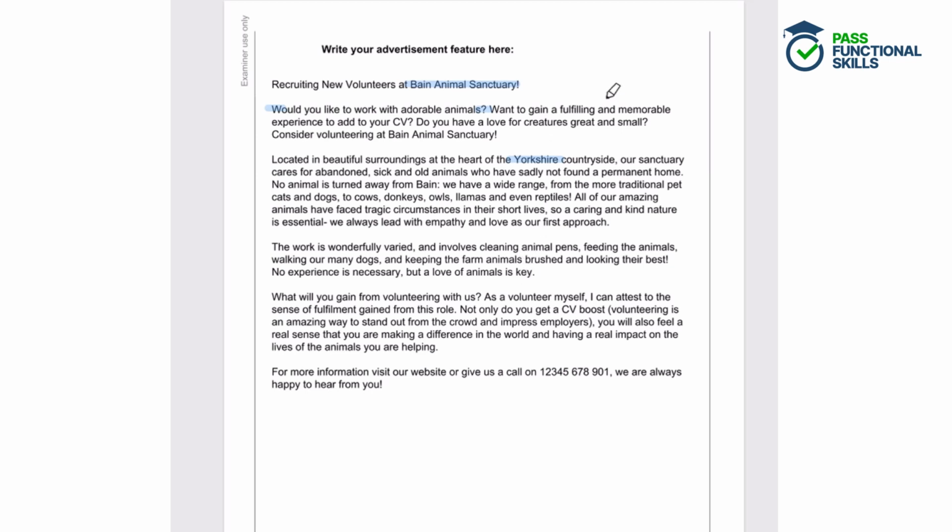We've also got commas that have been used in the answer, and these add some further details to sentences, separating out different clauses, and they are also used to create lists in this answer. So, for example, we have located in beautiful surroundings at the heart of the Yorkshire countryside, and then we've got a comma to take a breath before we add some more information.